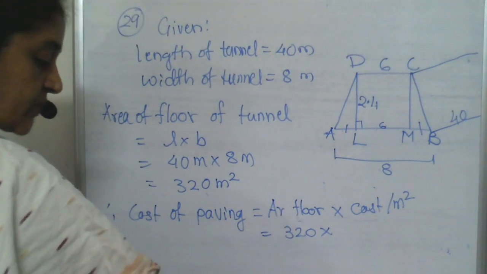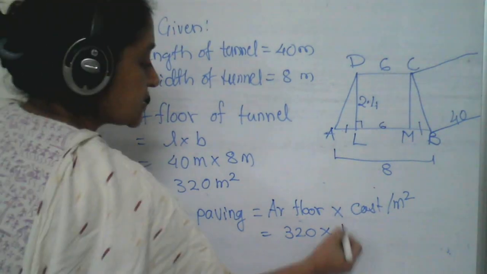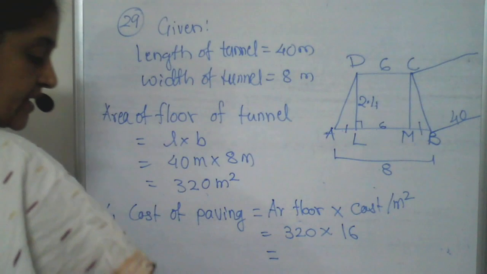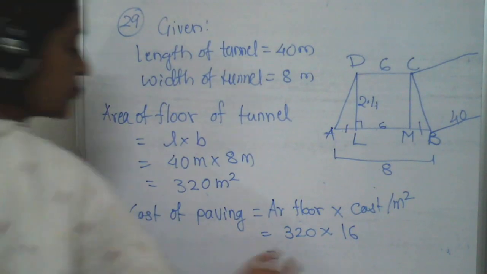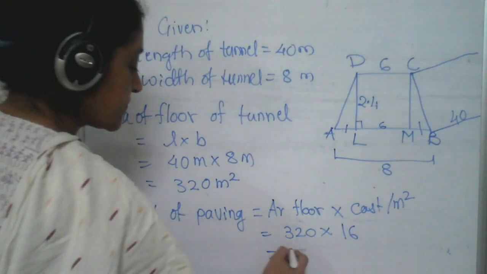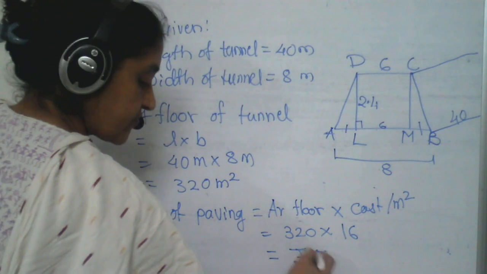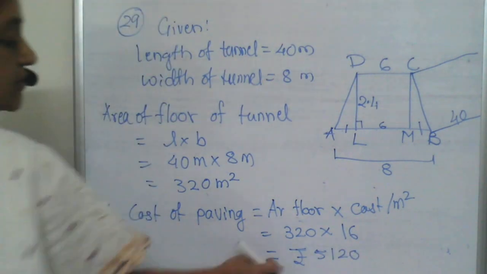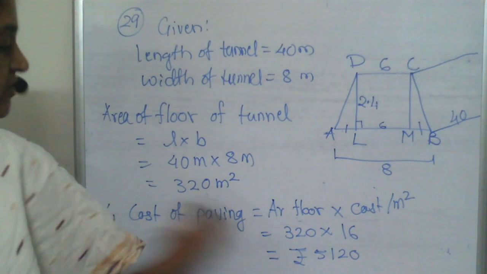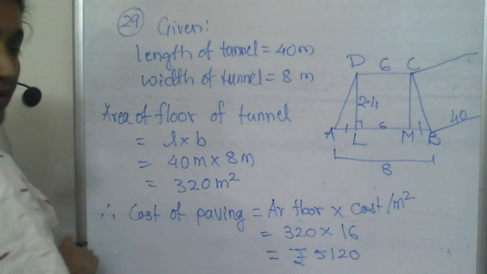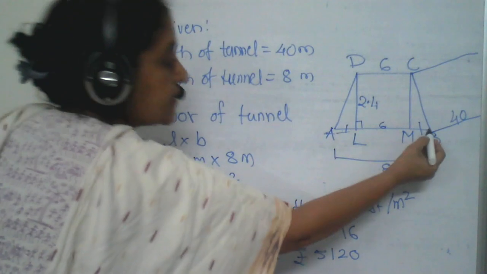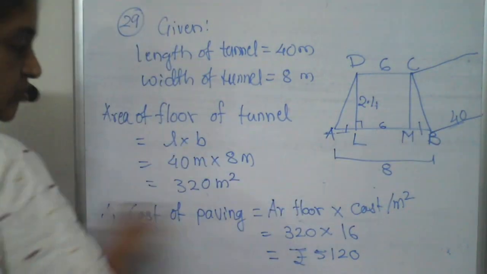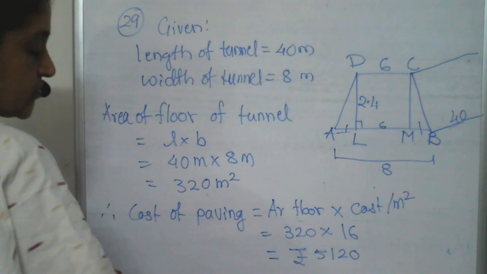So how much are you paying? 16 rupees per meter square. When you multiply 320 into 16, you are going to get rupees 5120. So this is the amount required for paving the floor. So floor is length, sorry, this is length into width. That is going to be the floor. So this is over here.